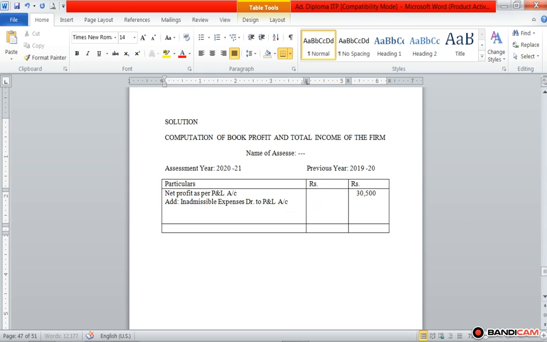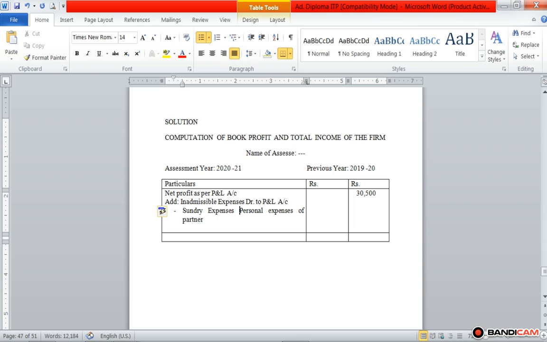Add personal expenses of partners, which sundry expenses include: 3,000 plus 2,000 is equal to 5,000.